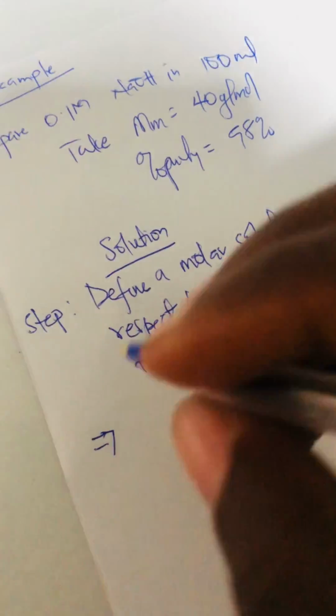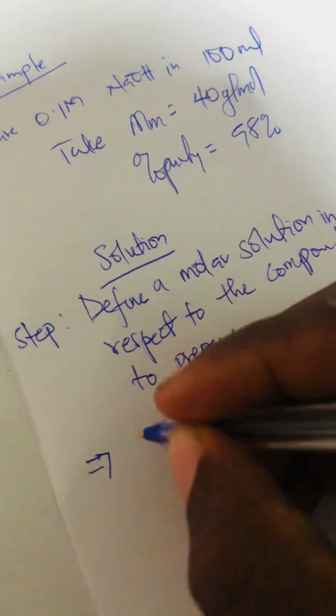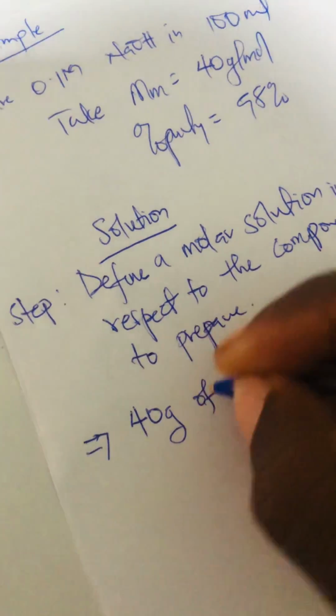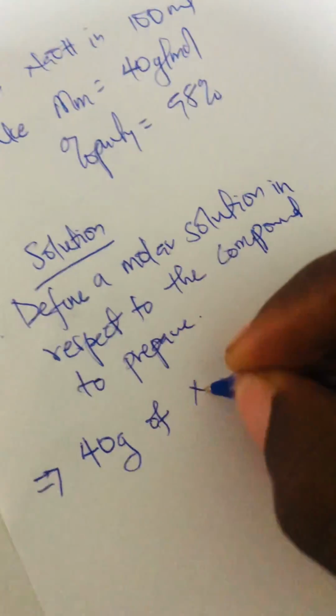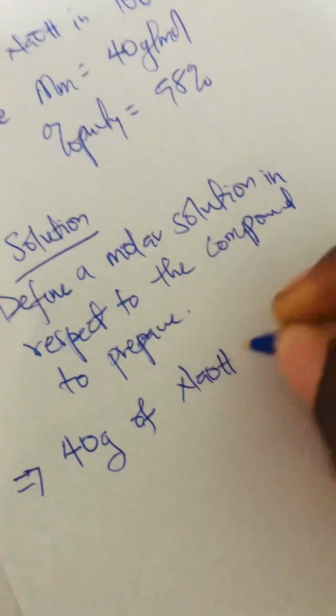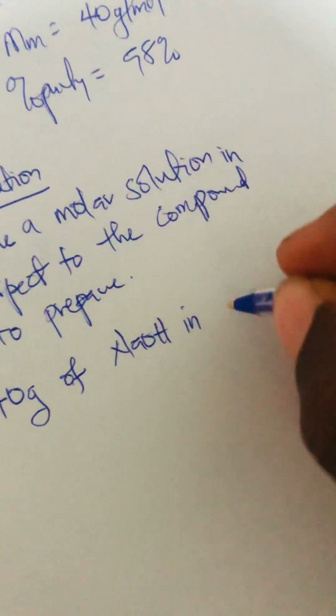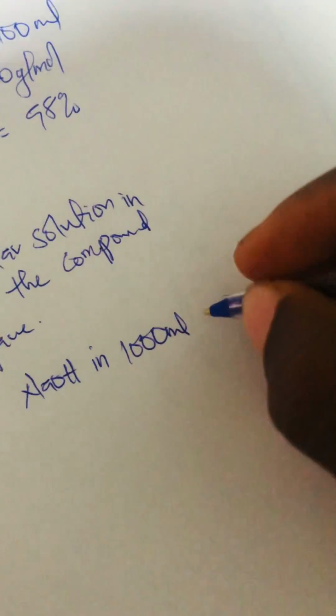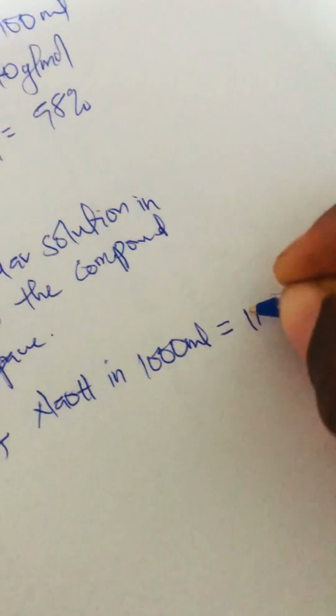So that will be, what is my molar mass of sodium hydroxide? 40 grams. So 40 grams of sodium hydroxide in 1000 ml is equal to 1 molar.